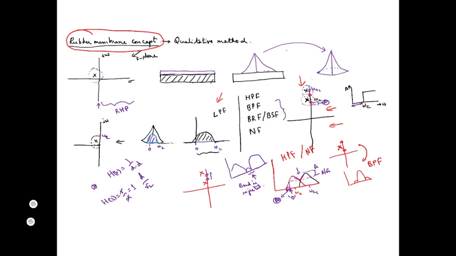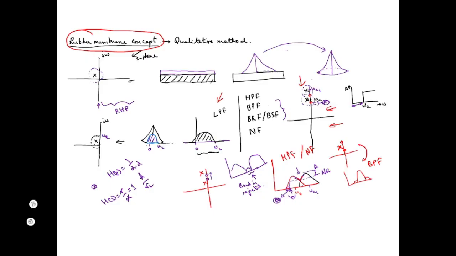Now this rubber membrane concept is telling the same thing. On the other hand, if you push the balloon from the top, it will bring the balloon surface downwards. So when you are putting the finger, you can consider that as a pole, which is increasing the gain, and when you are pressing the rubber membrane, it is acting as a zero.